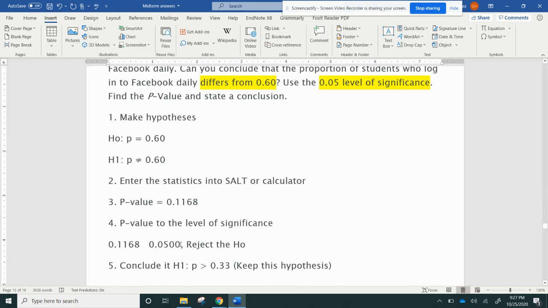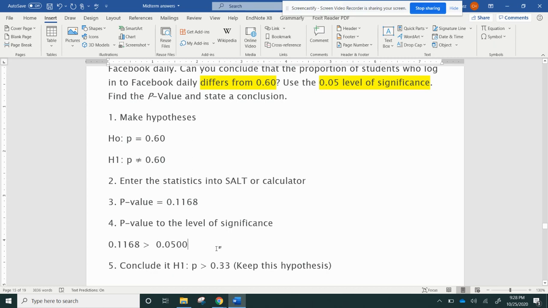Remember, in the last problem, I just added extra zeros because if I want to compare them, all I have to do is add zeros to make this four decimal places equal this four decimal places. So if I compare 0.1168 to 0.0500, this is greater than.